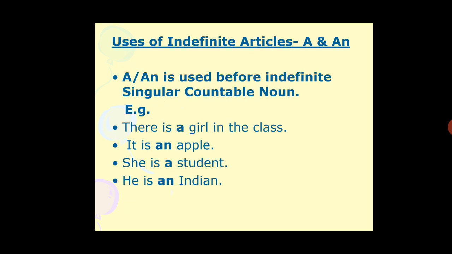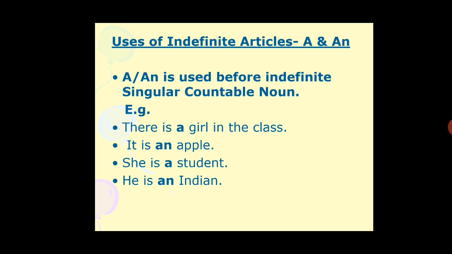Let's talk about the uses of indefinite articles a and an. A and an is used before indefinite singular countable noun. You must point out here this particular thing, that a or an indefinite article, they are used before singular countable noun.